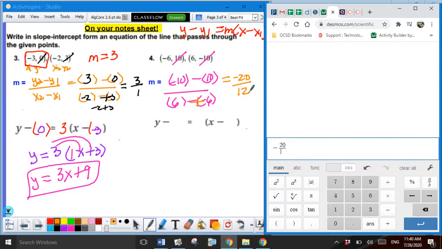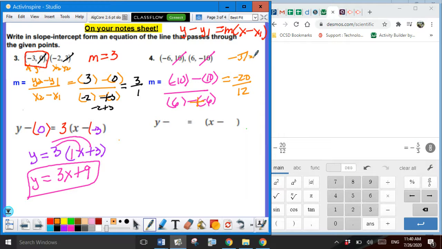Negative 20 divided by 12 as a fraction is negative 5 over 3. So I need to put a negative 5 over 3 there. Okay, and the point that I'm going to use is the first one. So here's the 10, and there's the negative 6. Is this side fine? Yep, it's fine.